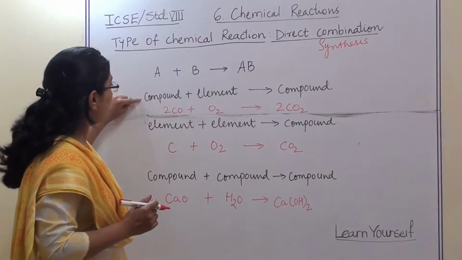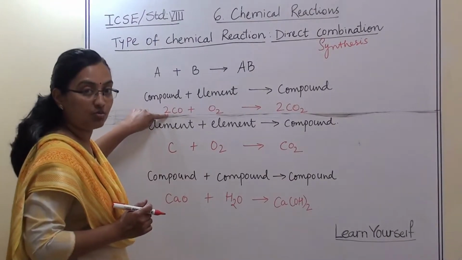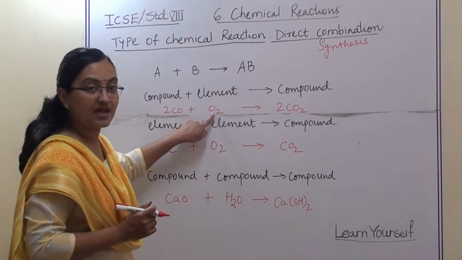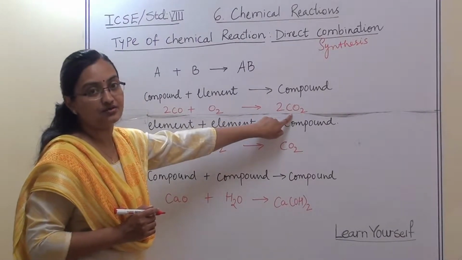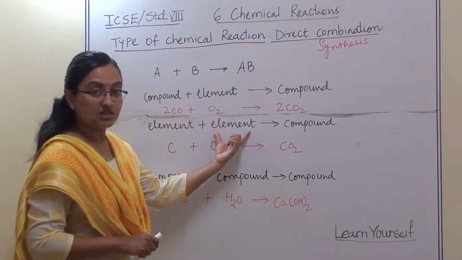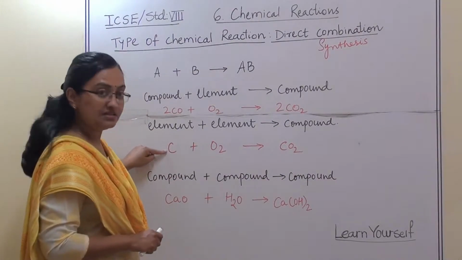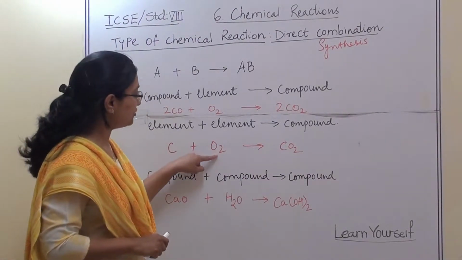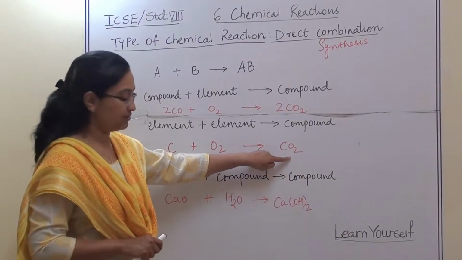When compound is reacting with element, we have taken here carbon monoxide. When it reacts with element oxygen, it will give us carbon dioxide. In the second type, element will react with another element and gives us a compound. So carbon is an element, reacting with element oxygen, and gives us carbon dioxide.